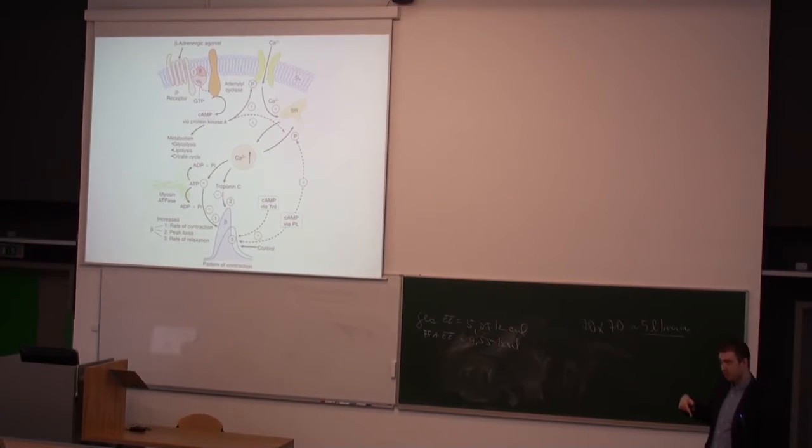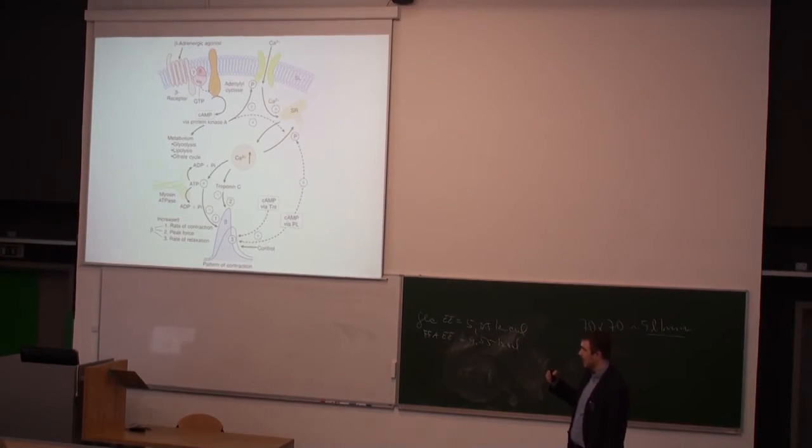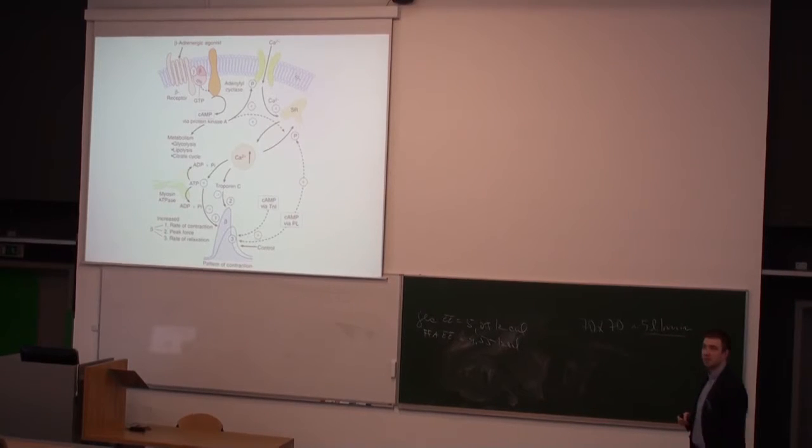We will return to this effect in some time when we will speak about the positive inotropic effect. That means that adrenaline increases the contractility of the heart. That means the strength of the contraction, since that's done also by this calcium. Yes? But right now, we spoke only about the depolarization, and that's done by the beta-adrenergic receptors by this mechanism.